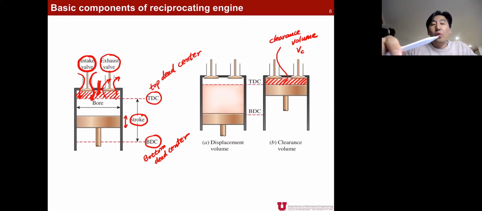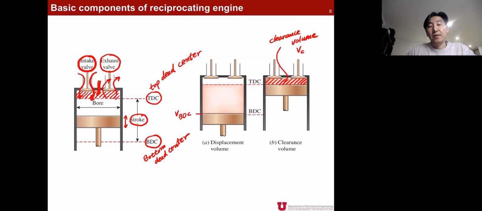Then, when the piston goes down to the bottom dead center, we call it VBDC. So the maximum volume that air can take during the entire operation of the engine per cylinder is the BDC volume.